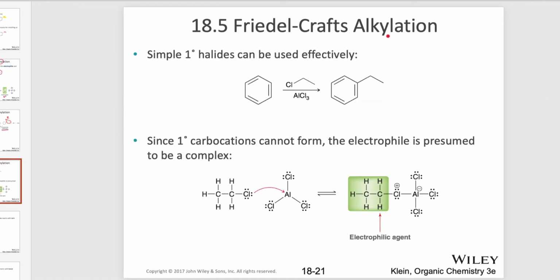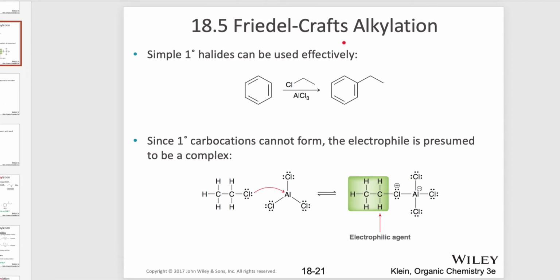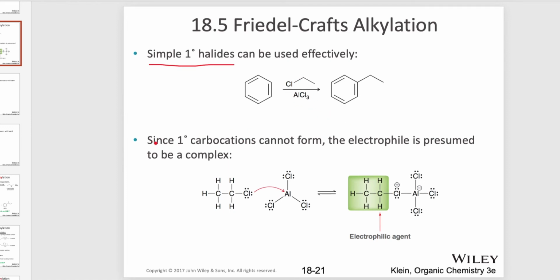On this slide here, some comments about the efficacy of alkylation reactions, Friedel-Crafts alkylation reactions. Simple primary halides can be used effectively. We do form this complex, but it is also stated here that these primary carbocations cannot really form in the way we sometimes describe them. They're not stable. We prefer tertiary cations, but then we would make different products.